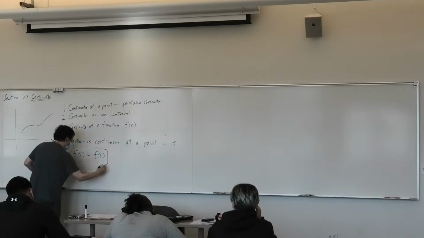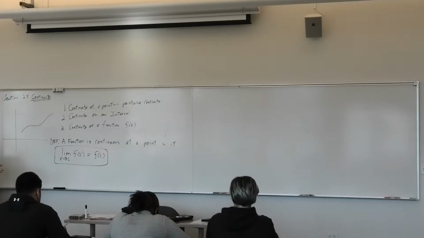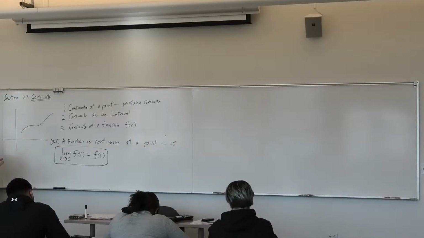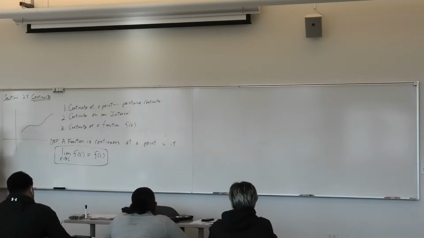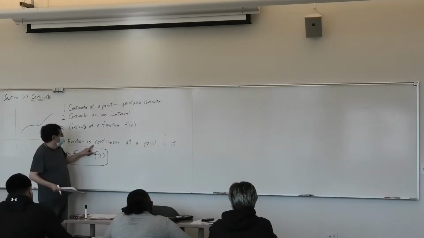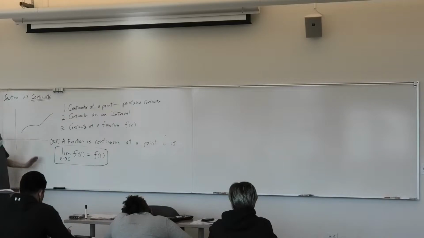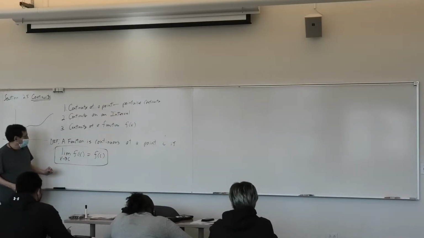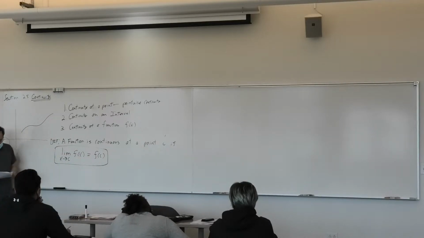Nice, copacetic. We've been looking at a lot of limits where the limit ends up being exactly the value of the function at that point. Not always. And here we now have the definition for a function being continuous at a point. If the limit as you approach that point is the value of the function at that point, then it is continuous at that point.